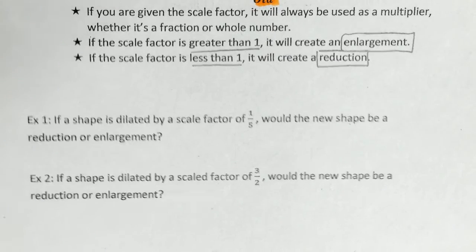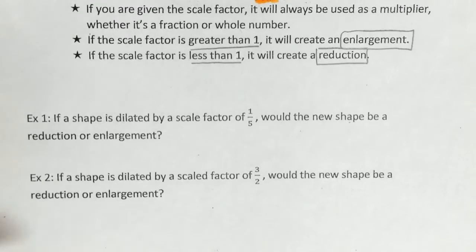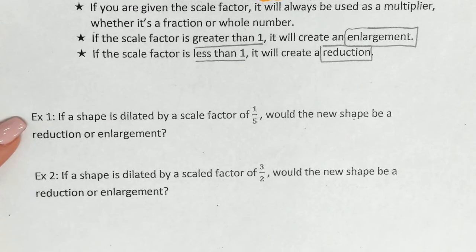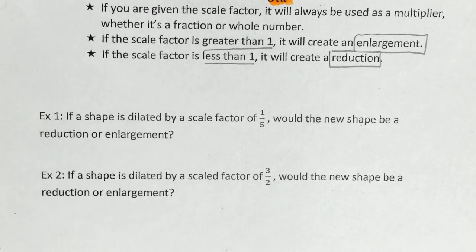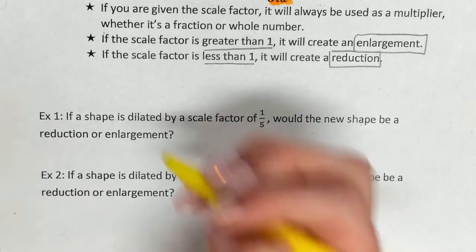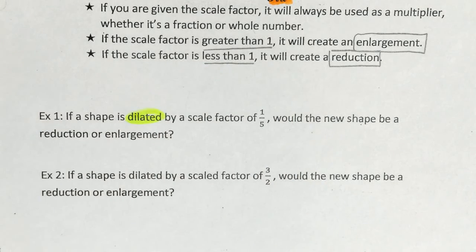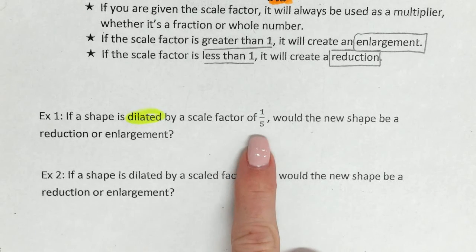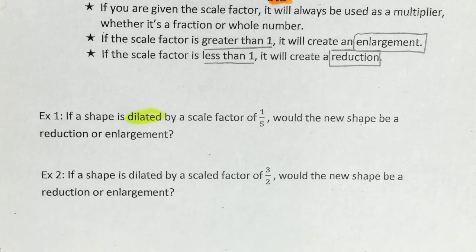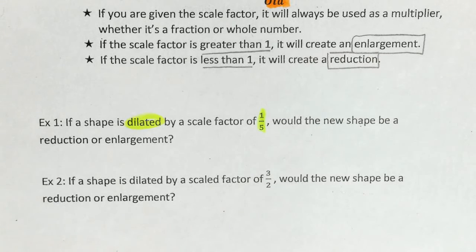Look at the bottom at example 1. If a shape is dilated, so stop right there. You know that it's going to be what? Dilated means what? Made bigger or? All right. By a scale factor of 1/5, would the new shape be a reduction, meaning smaller, or enlargement, meaning bigger?